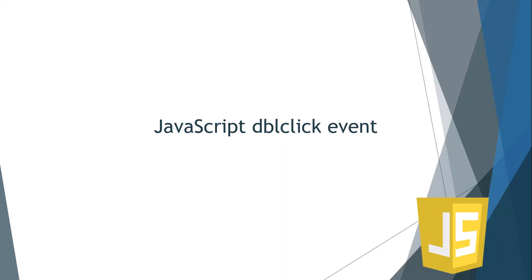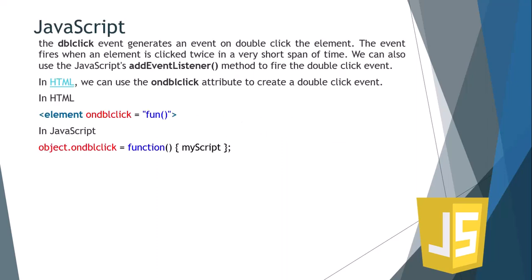Next we have the double click event. The double click event generates an event on double click of the element. The event fires when an element is clicked twice in a very short span of time. We can also use the JavaScript addEventListener method to fire the double click event.